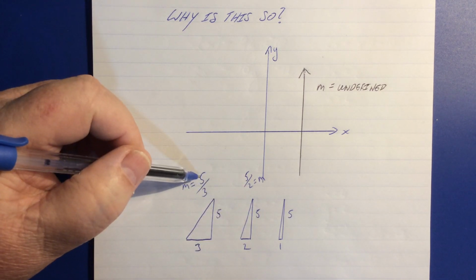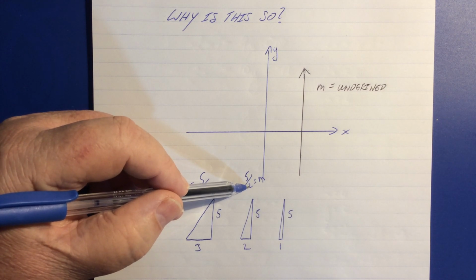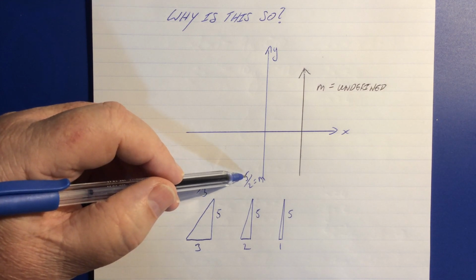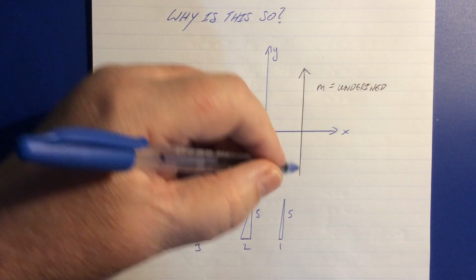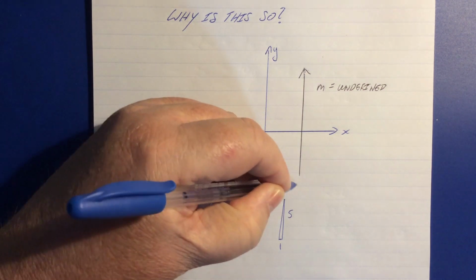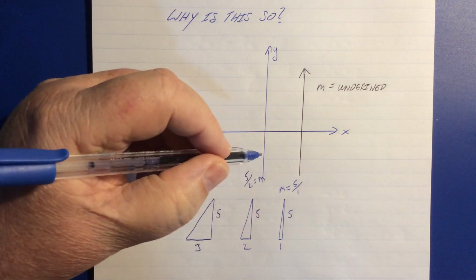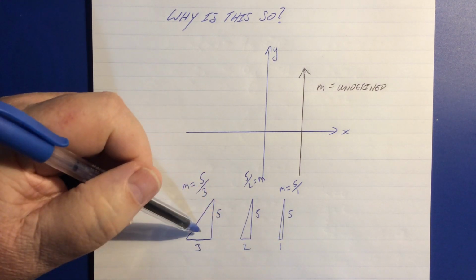This was 1 2/3. This is 2.5. Now, the gradient of this is 5 over 1, 5, steepest of the lot.